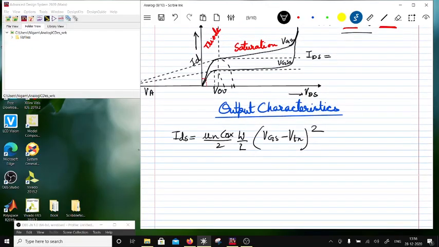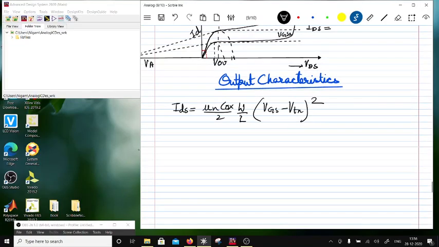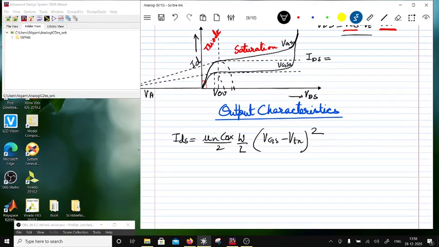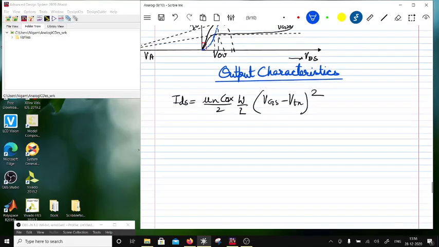If I was to plot ID versus VGS minus VTN square, that would be just joining these points, and this will be the square nature, right?